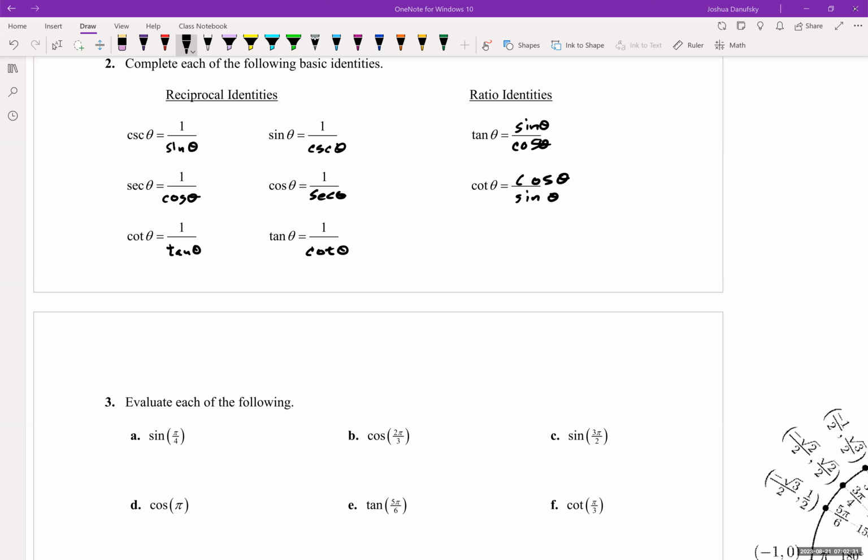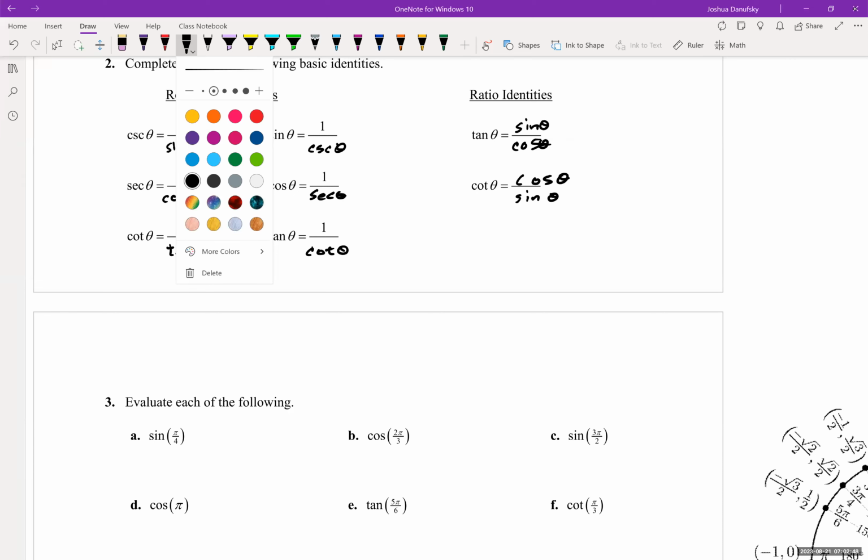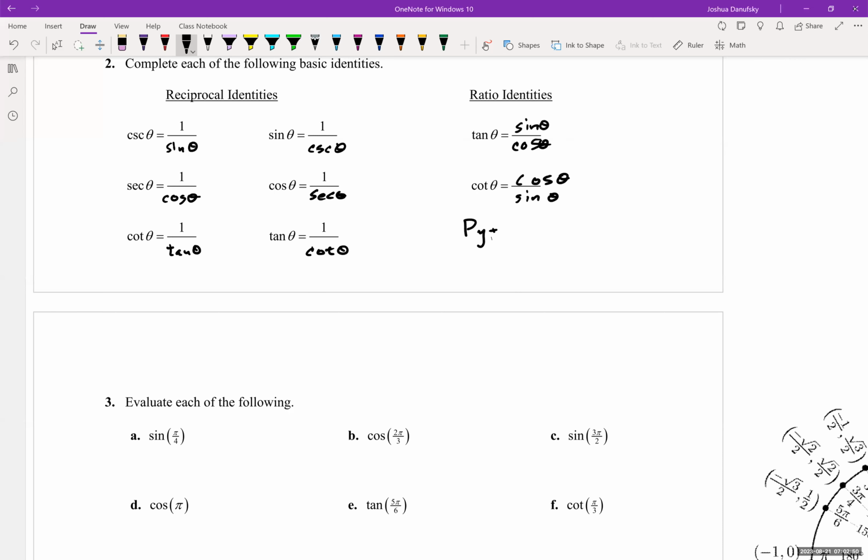Now, there are a couple other really important identities. I'm not going to go into them in a lot of detail right now because we don't need them, but I have to mention them because along with knowing these 8 identities here, you also absolutely need to have your Pythagorean identities memorized.